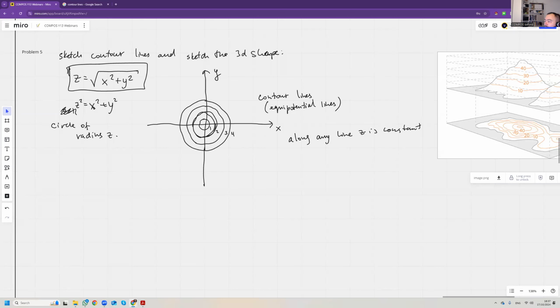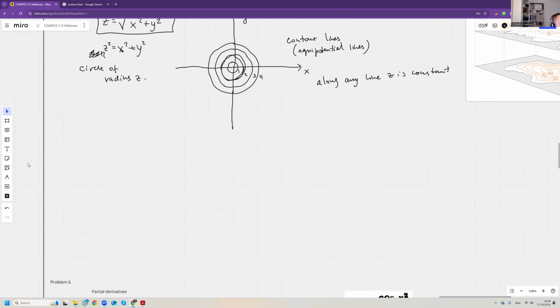Parabolic. Well, let's see. So you're thinking something like that. So you have this z-axis, then you have the y-axis, and you have the x-axis.